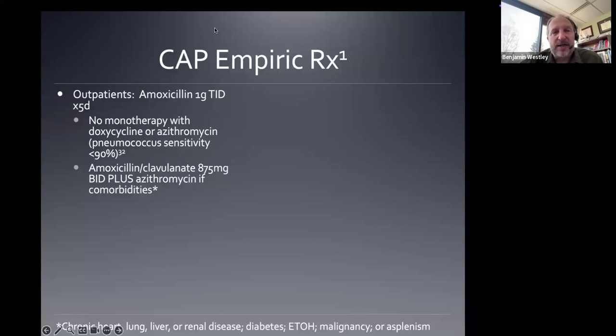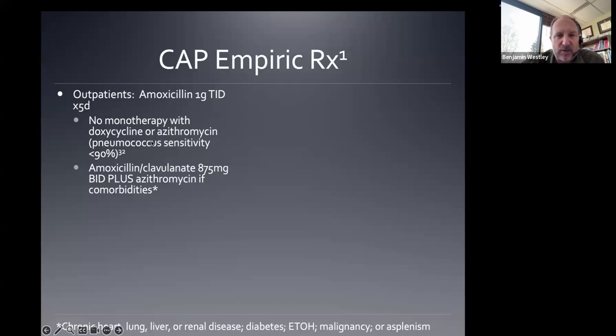And this is in otherwise basically healthy people that don't have chronic heart, lung disease, renal disease, diabetes, alcohol, malignancy, or asplenia. So that's a hard list to remember. And many patients with pneumonia in the outpatient setting are going to have one of those risk factors. But for an otherwise basically healthy person with pneumonia, amoxicillin is recommended.